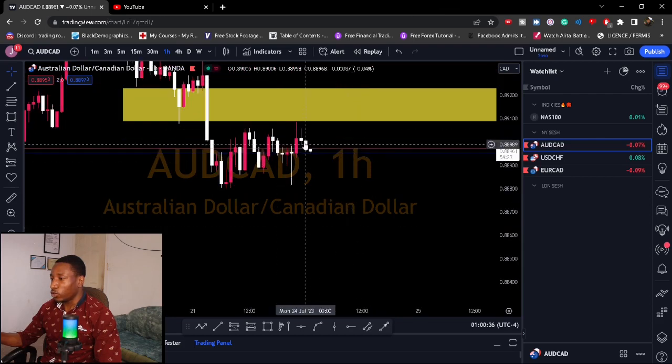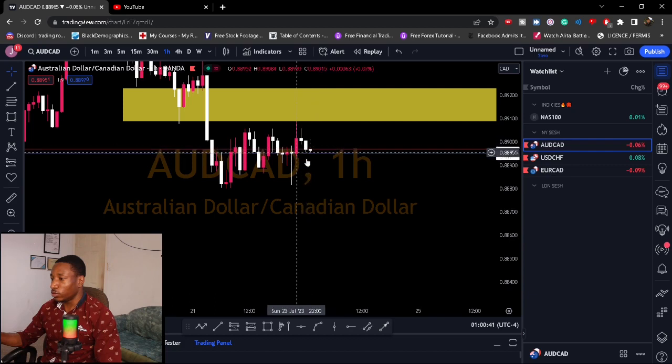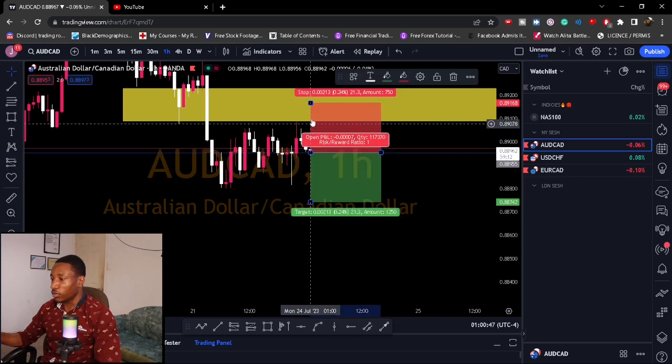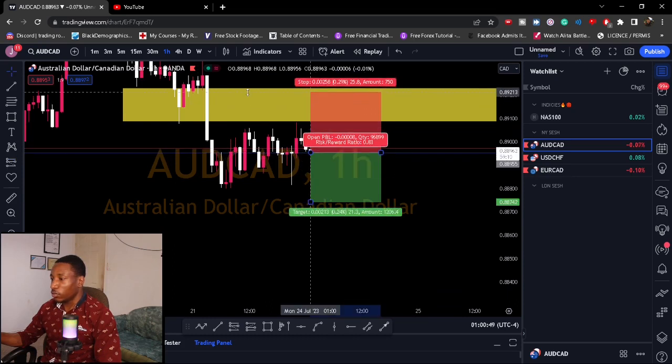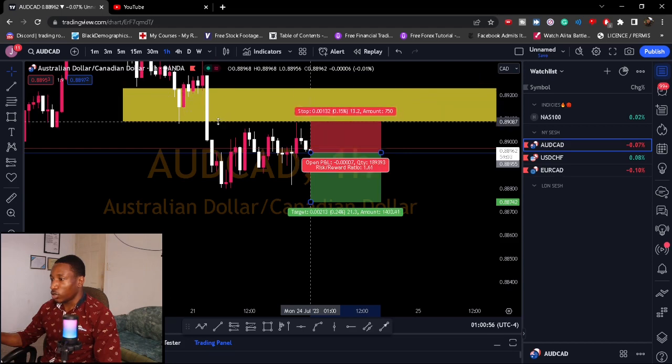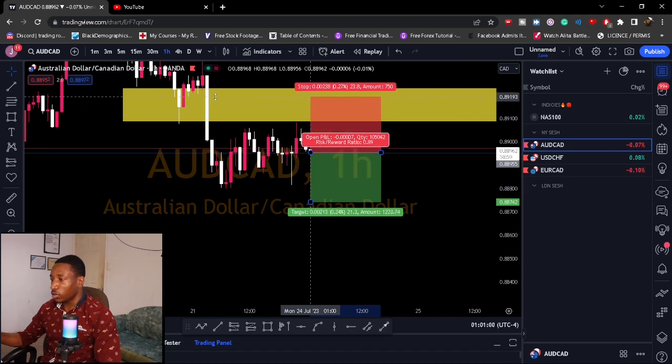Oof, just look at this beautiful evening star. If you want to take a sell right now, I'll probably take a sell right now. For stop loss, personally, if I was right here, it's 13 pips, so I'll probably put 20.